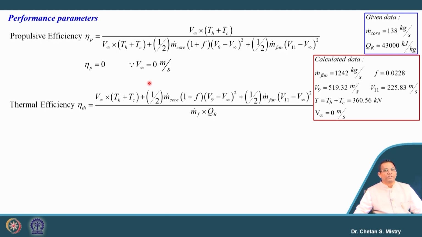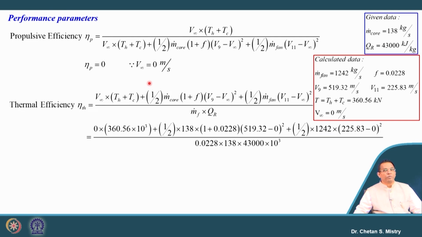Similarly, we can do our calculation for the thermal efficiency. In this thermal efficiency, we know the mass flow rate of the fuel and the calorific value of the fuel. So, if we put in these numbers, the thermal efficiency is coming to be 37.48%. Be careful about what units we are using; they need to be in joule per second and joule per kg.